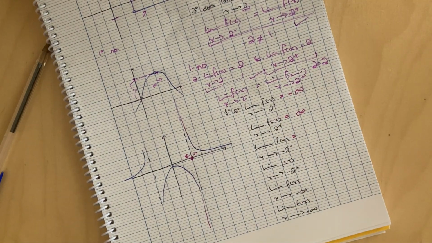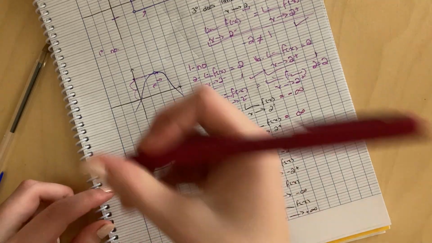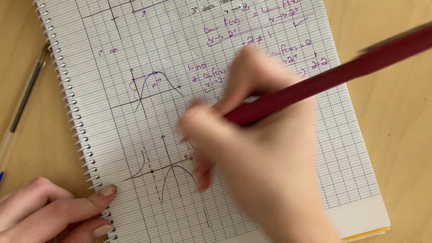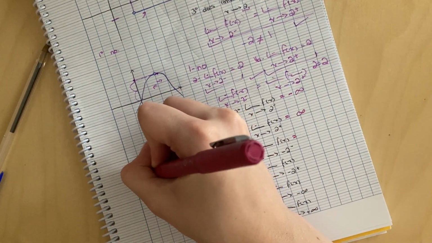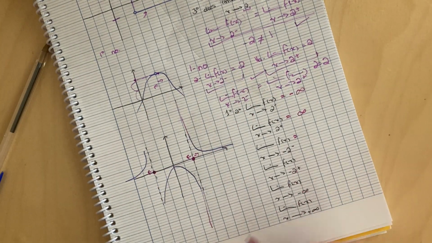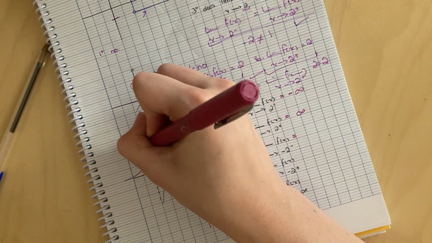Now, what is the limit of f(x) as x tends towards -2 minus? First, let's start by locating -2. It's right here. What's a little bit less than -2? It's going to be to this side. So the limit of f(x) as x tends towards -2 minus is here.